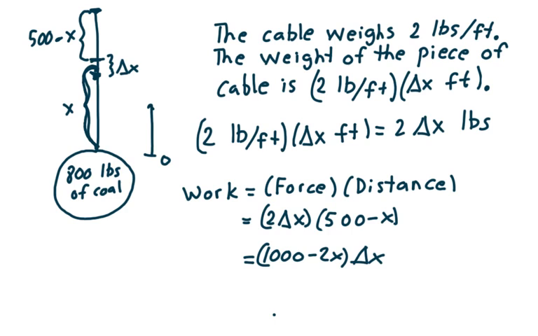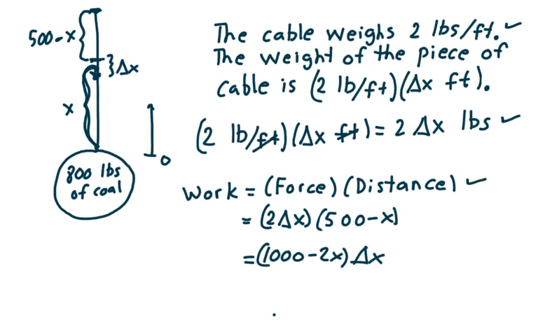The cable weighs 2 pounds per foot. So the weight of the piece of cable is 2 pounds per foot times delta x feet. And 2 pounds per foot times delta x feet is 2 delta x pounds, because notice how the feet cancel. Now, work is force times distance, right?